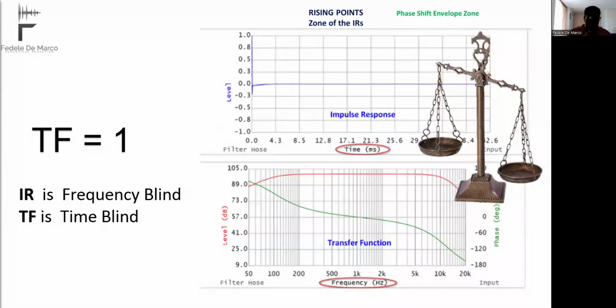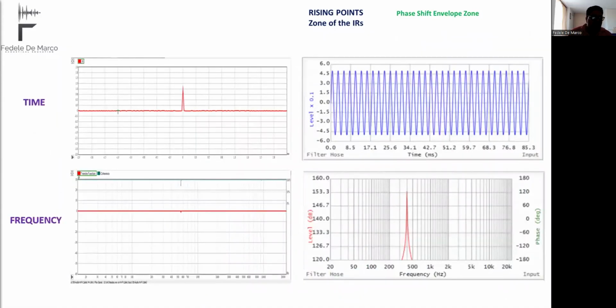Time and frequency are defined in terms of each other. So the more you know about one, the less you know about the other. An impulse is a singularity in the time domain, but it represents an excess of information in the frequency domain.